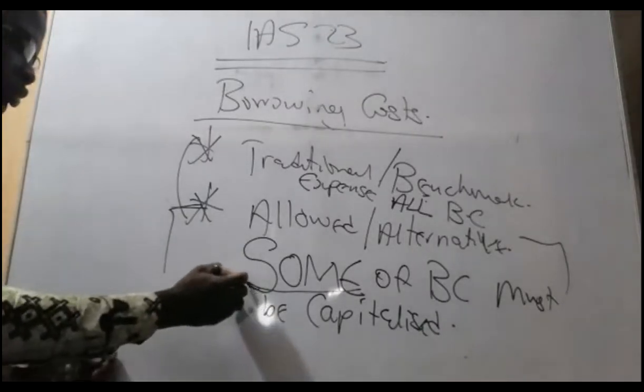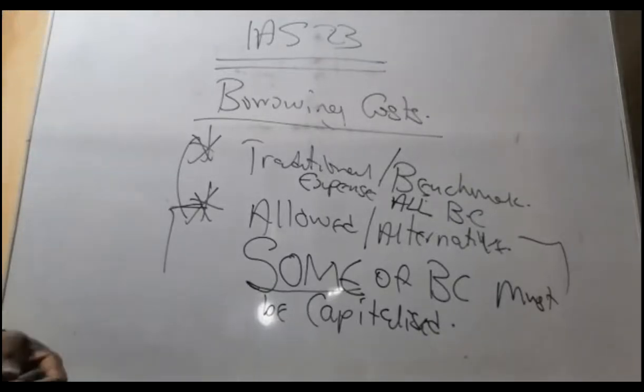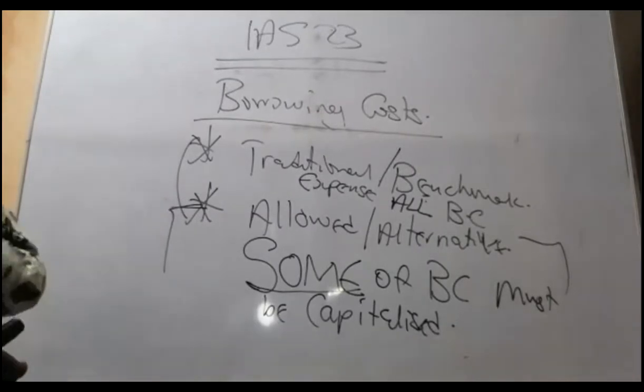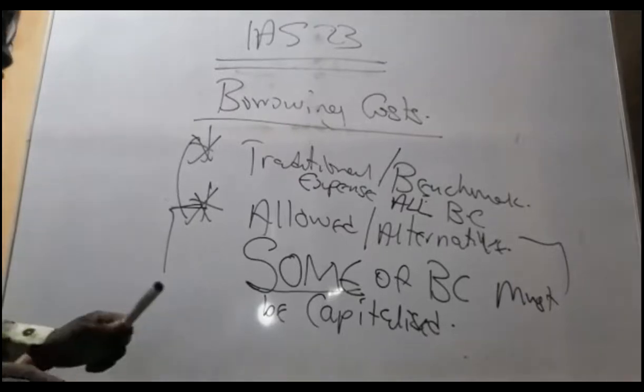Now, the eligible ones are the ones that you secured to fund the acquisition or construction or production of what? Qualifying assets. Now let me explain all this.